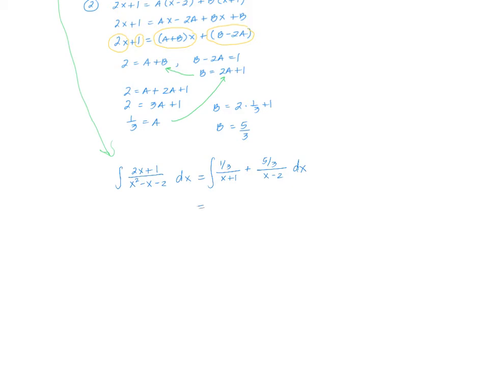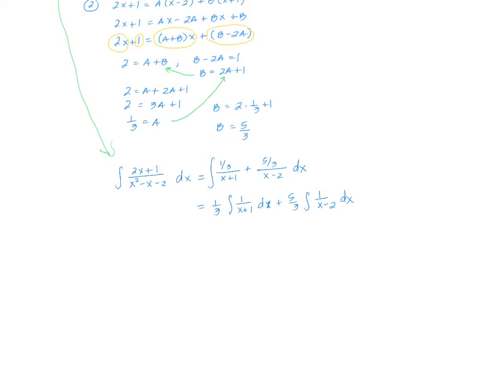Breaking that up into two separate integrals, I could pull out the 1/3. This is the integral of 1 over x plus 1 dx, plus 5/3 times the integral of 1 over x minus 2 dx.